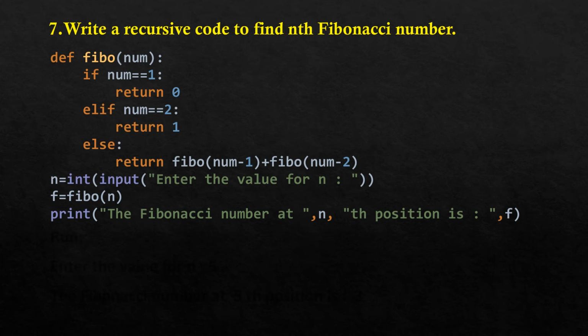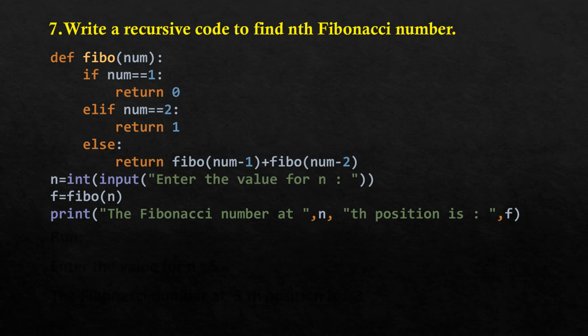And if number is equal to 2, that means n is equal to 2, it will return 1, which is the second number in the Fibonacci series. Then the recursive code says the function will be called recursively with arguments n-1 and n-2, and they are added.